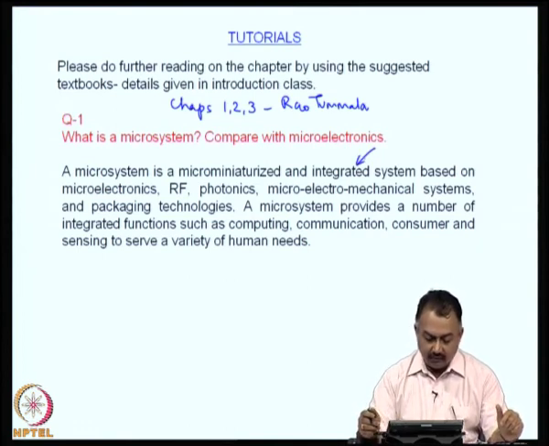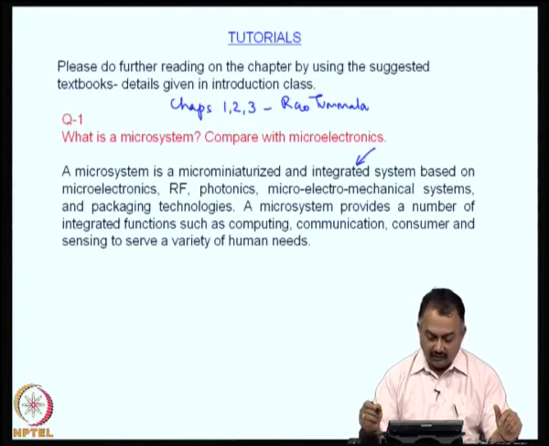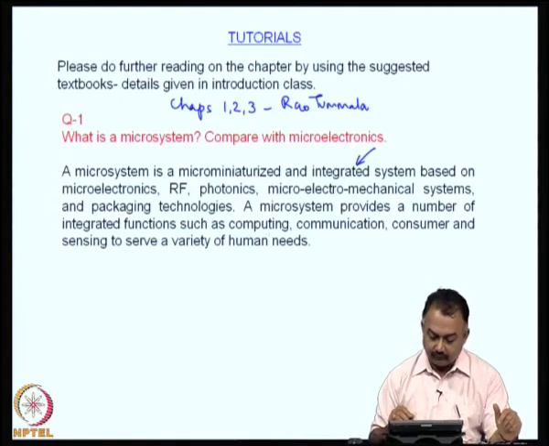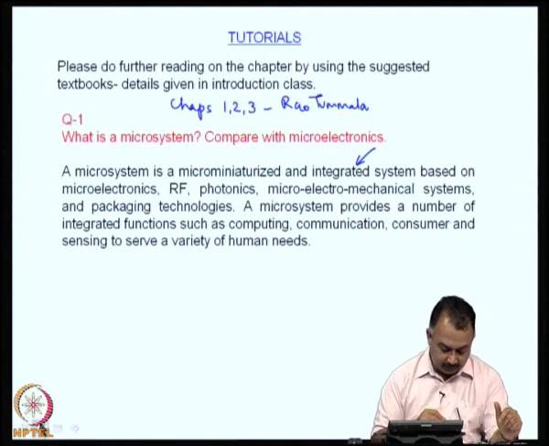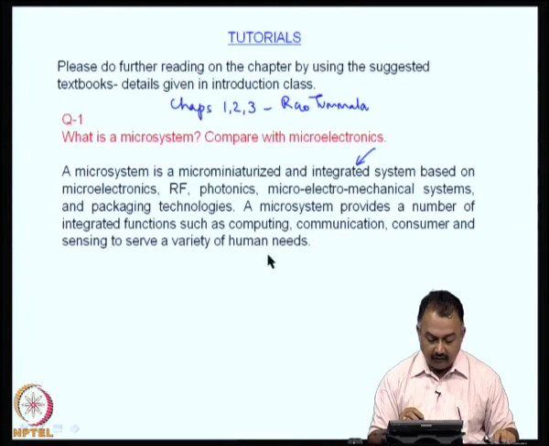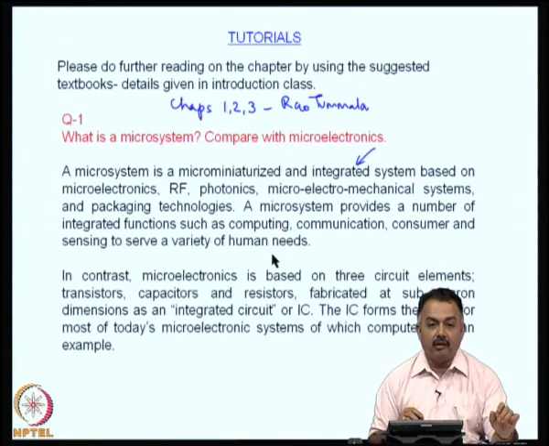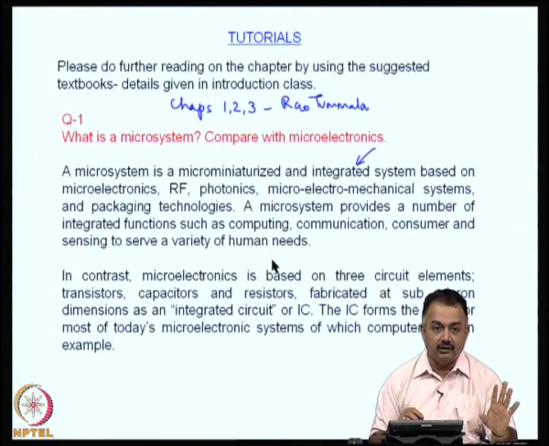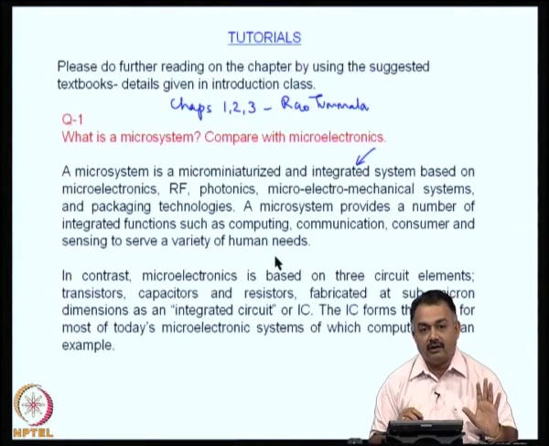A microsystem provides a number of integrated functions such as computing, communication, consumer and sensing to serve a variety of human needs. So, you can see here that the word integration is very important, and integration can happen only if we can use new packaging technologies. So, a microsystem is synonymous with new packaging technologies and packaged products.